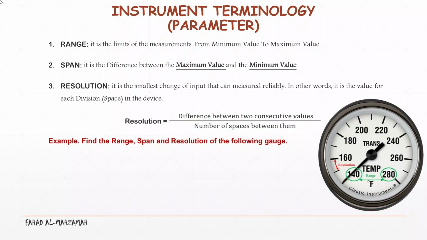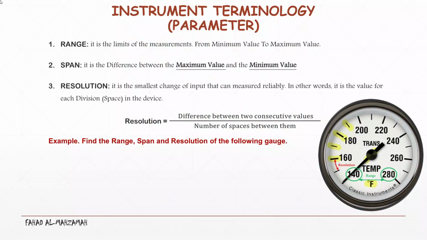It shows a temperature gauge, and it says find the range, span, and resolution of the following gauge. Now, how do I know that it's a temperature? Most gauges have scales and a pointer. In order to know what quantity it measures, you can see the unit. It shows here degrees Fahrenheit, so it means it's a temperature gauge.